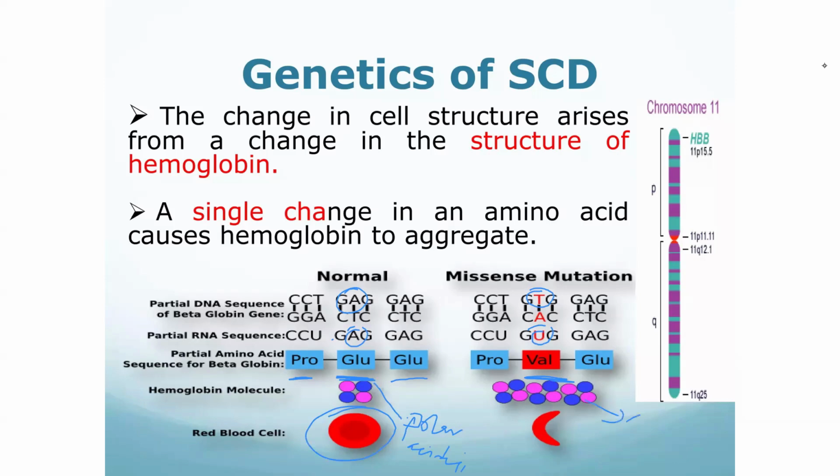And valine is a non-polar amino acid. As a result of this, the shape of the red blood cells changes to sickle, and that is what leads to a condition called sickle cell anemia. It is just a replacement of glutamic acid with valine due to a missense mutation in the sequence of the hemoglobin gene, and that is what leads to sickle cell disease.